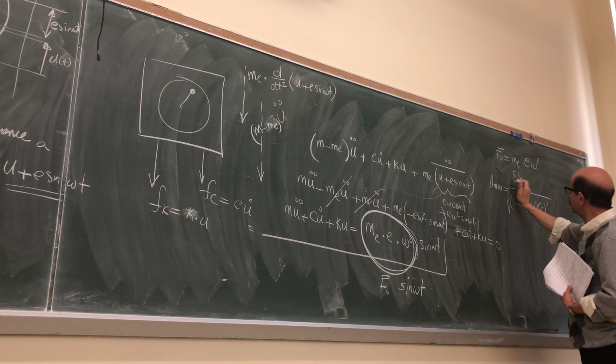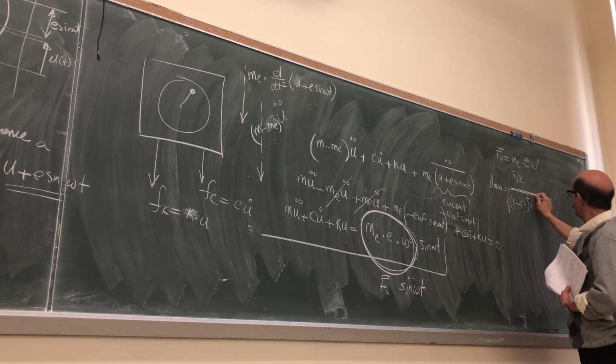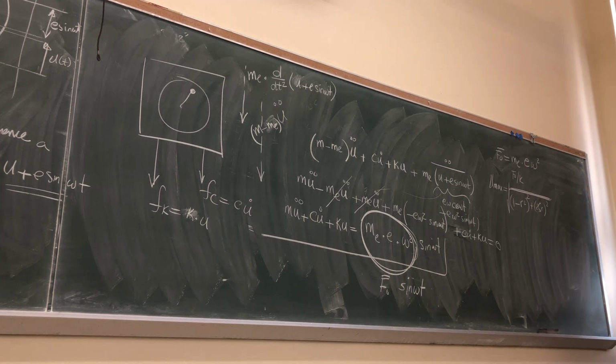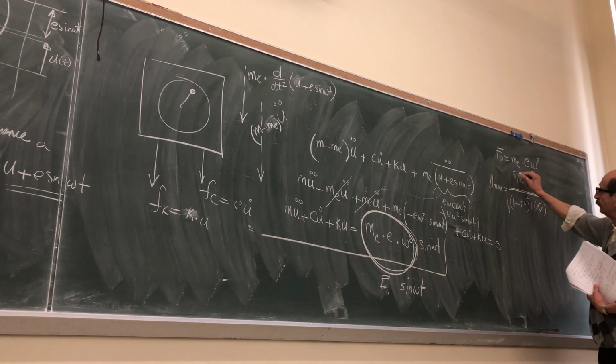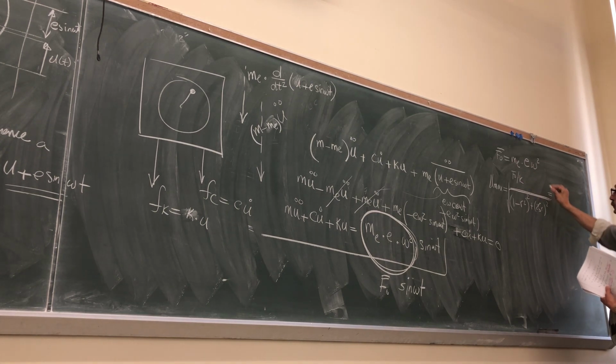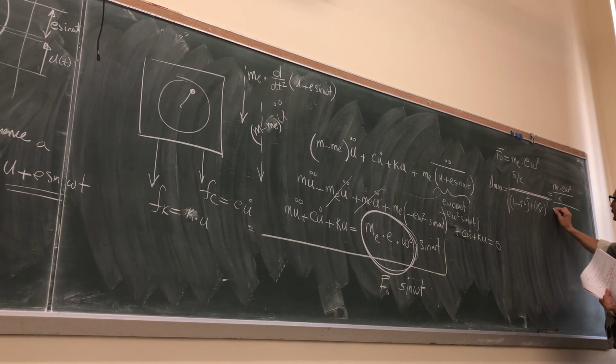That's what the maximum displacement was, right? So if you substitute for this, you have m_e e omega squared divided by k divided by this, okay?